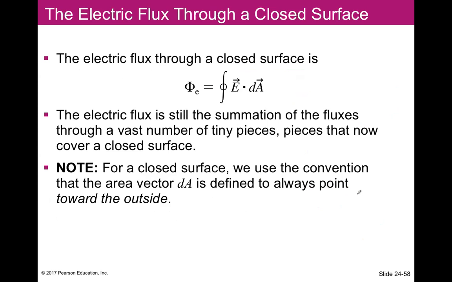The electric flux through a closed surface is defined by this: Phi E equals the integral, and then there's a circle. The circle on the integral means it's a closed surface integral. This is the definition of the closed surface integral, E dot product dA.